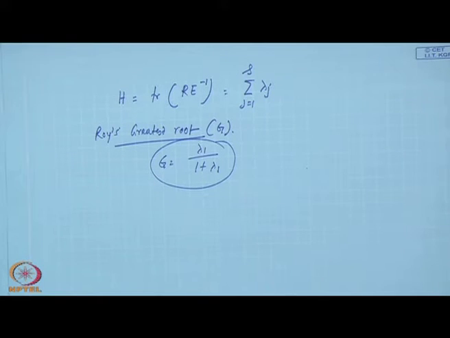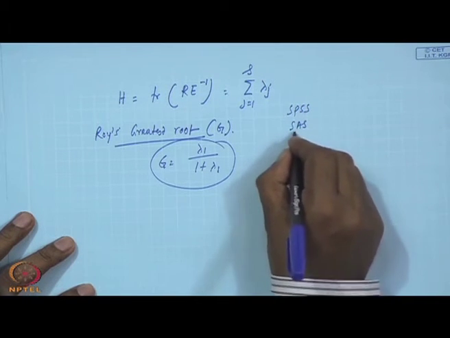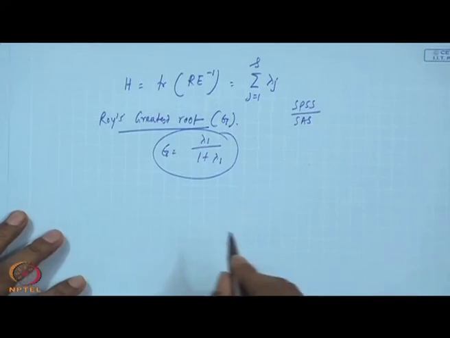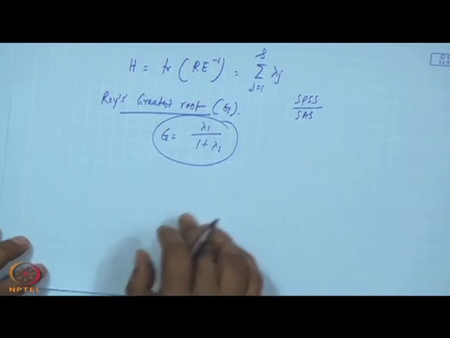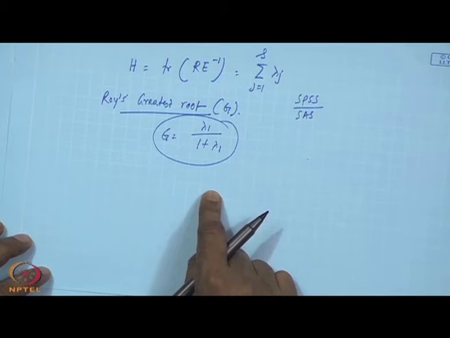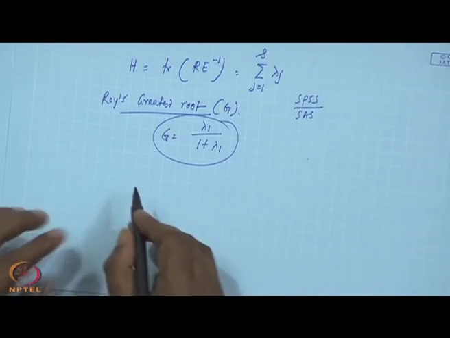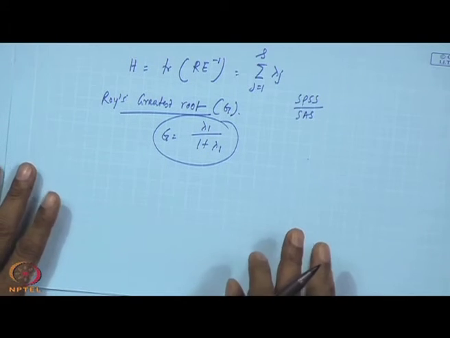So, all software including SPSS, SAS, they report all those statistics. Now, what is this? Please understand, under H0 these statistics are developed. So most of the time we will find that it follows an F distribution.